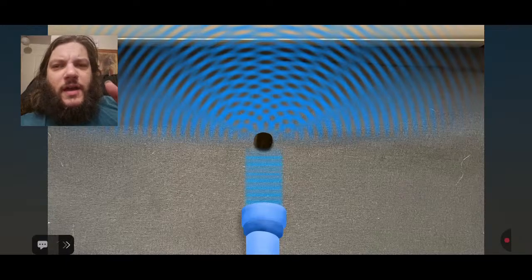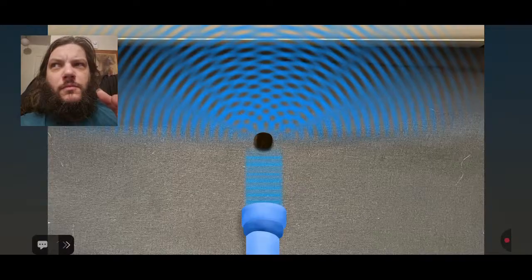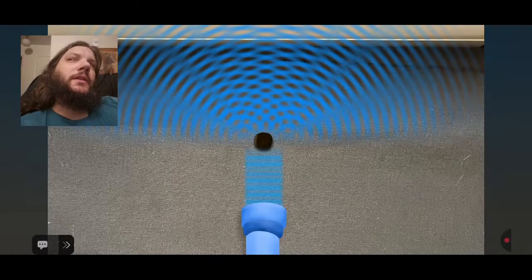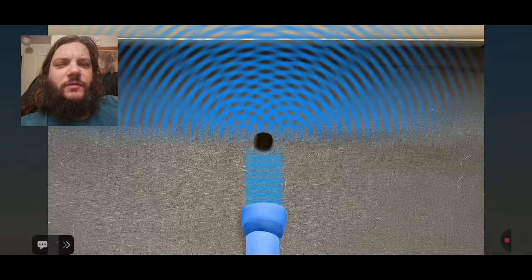And you would think that the high pressure zones are where the light is going to go. But if it's interfering with itself, then perhaps the electrons would also go in the high pressure zones, and my intuition was wrong.